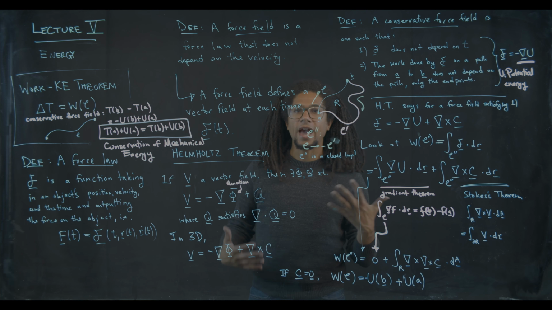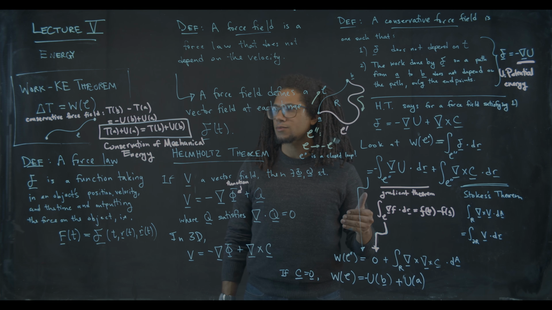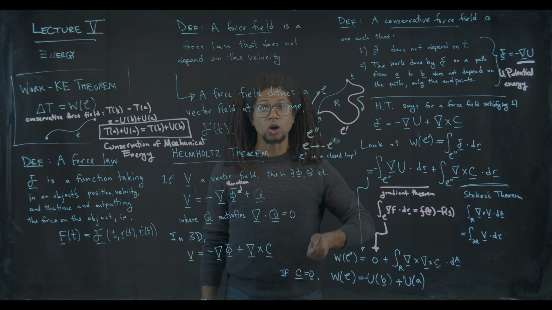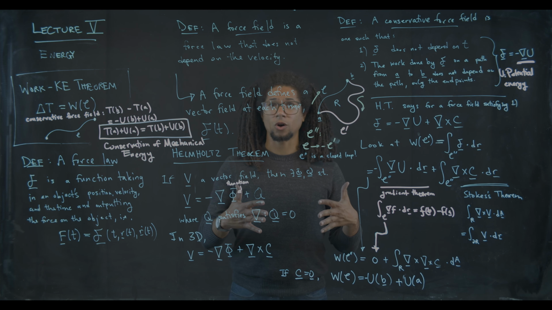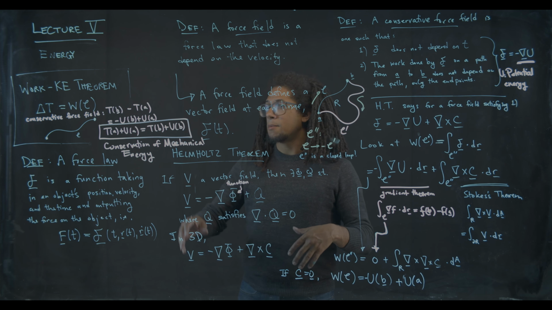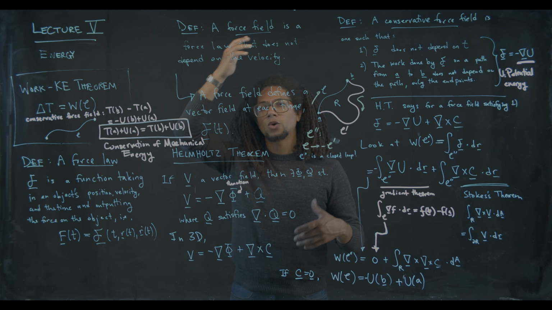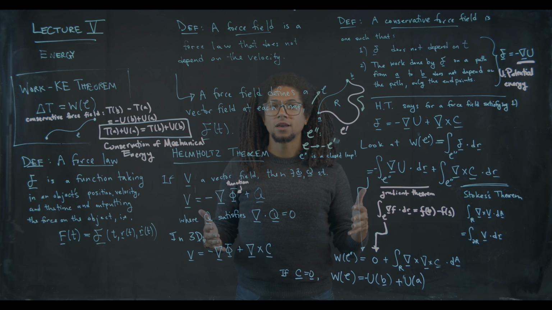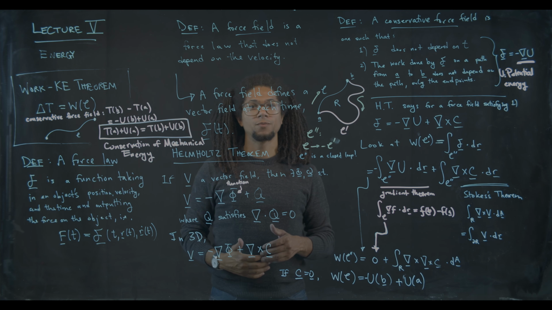If we only have an object subject to conservative force fields, or if only conservative force fields do work on an object, such that any non-conservative forces in our problem aren't doing any work, then mechanical energy is conserved all the time. So if we look at the space of different trajectories our object could take, we know that any that don't conserve mechanical energy are impossible.